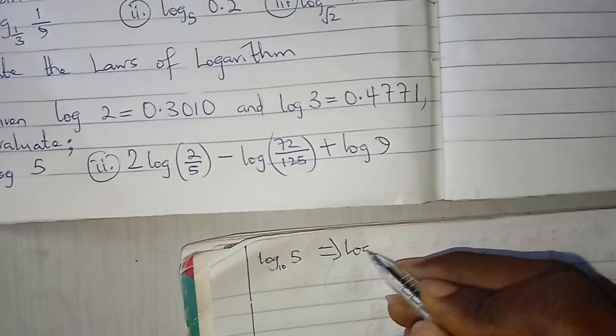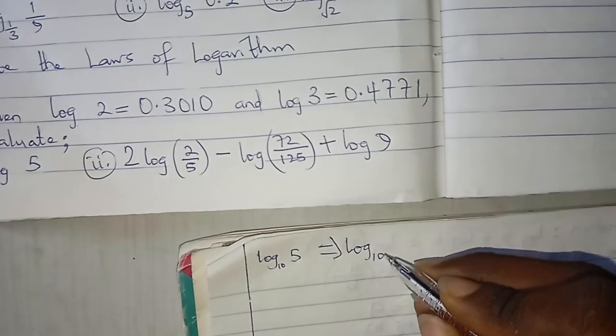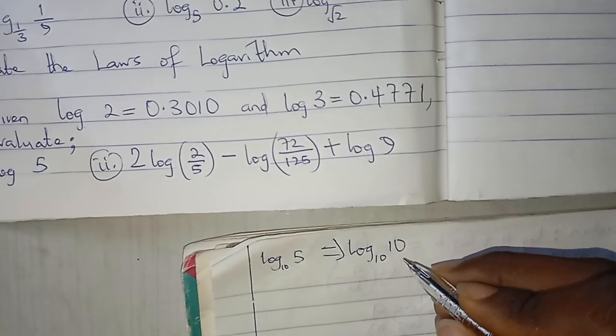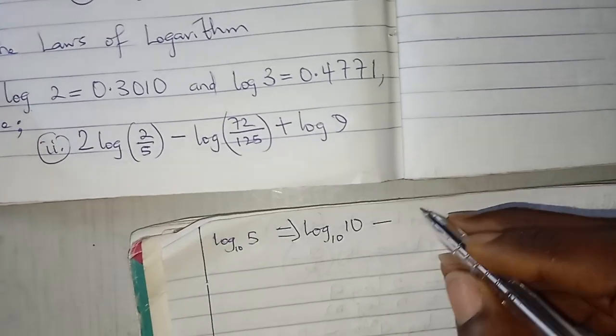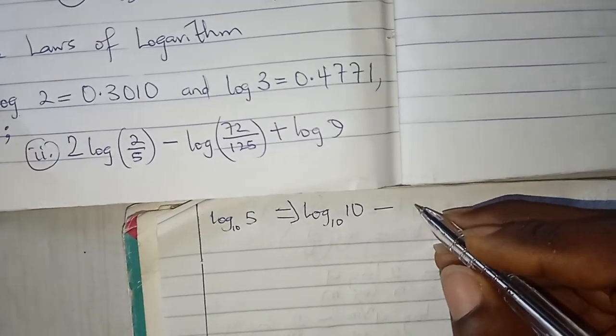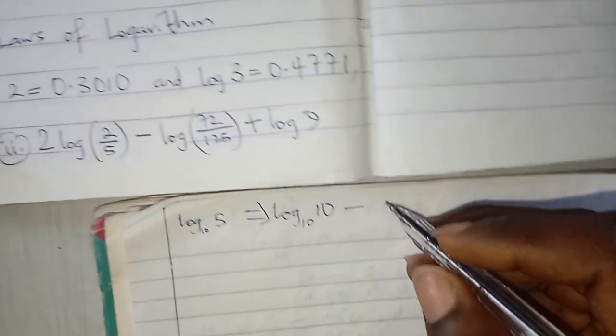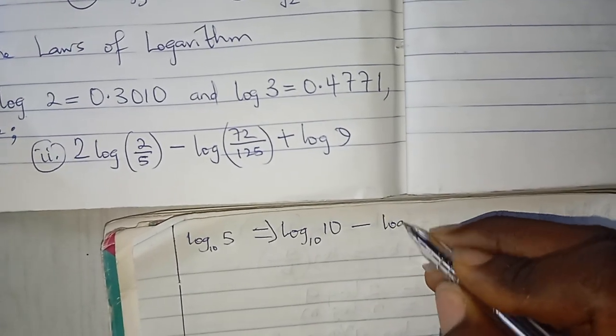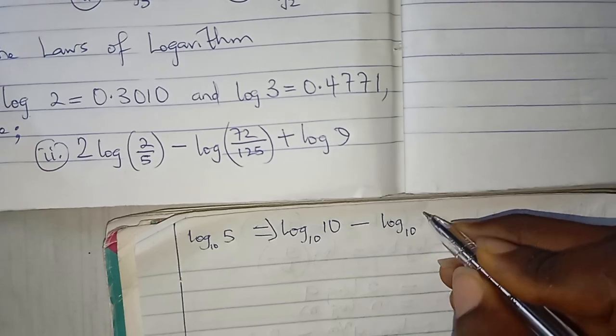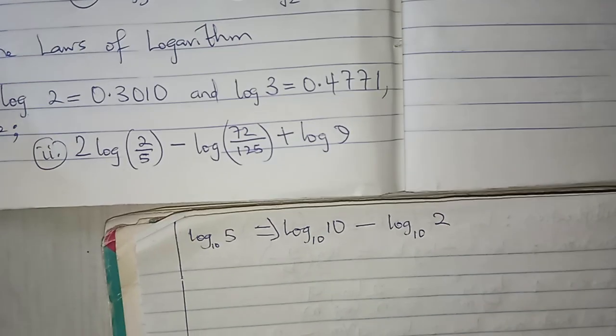This can mean log 10 to base 10 minus log 2 to base 10.